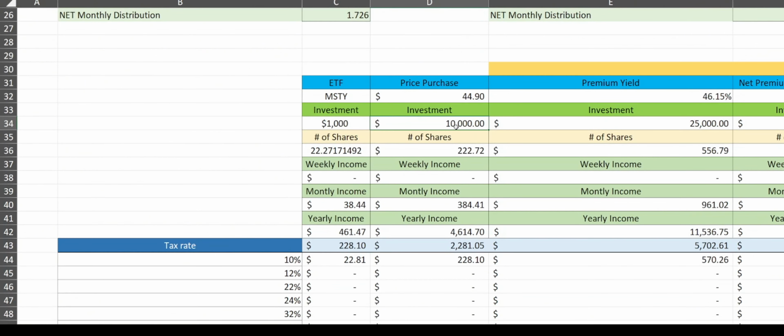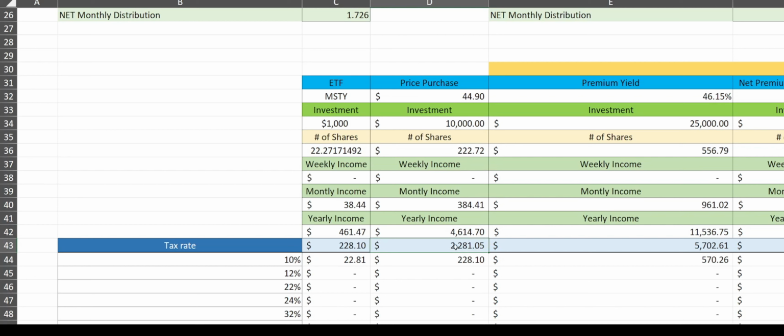For the $10,000 investment, you're going to own 222.72 shares. The monthly income is going to be $384.41. Over a year, that $10,000 investment is going to net you $4,614.70. With return of capital considerations, we're only going to have to pay taxes on $2,281.05.